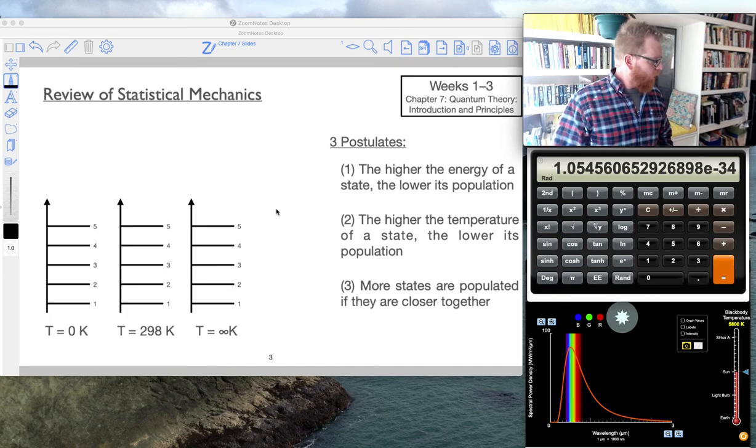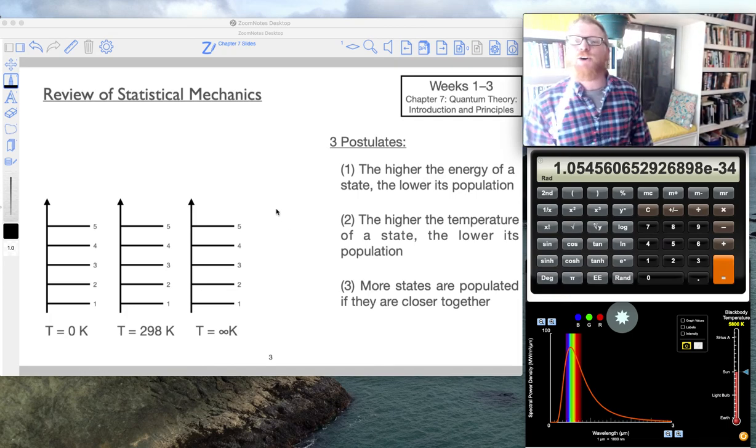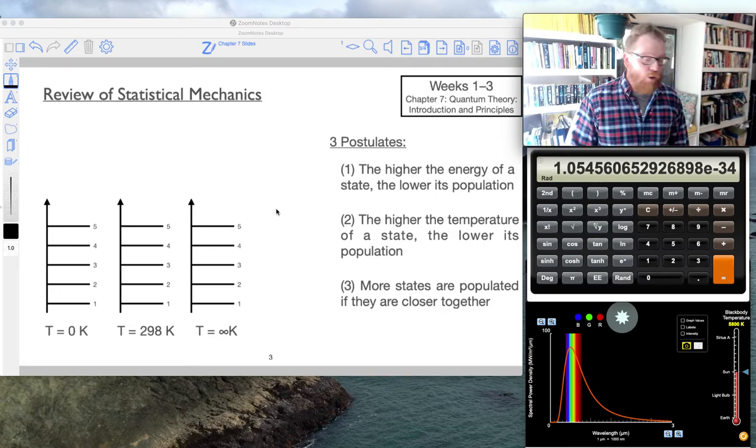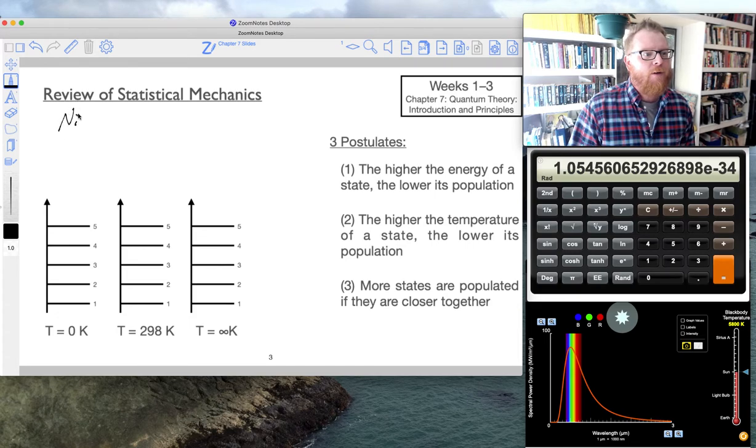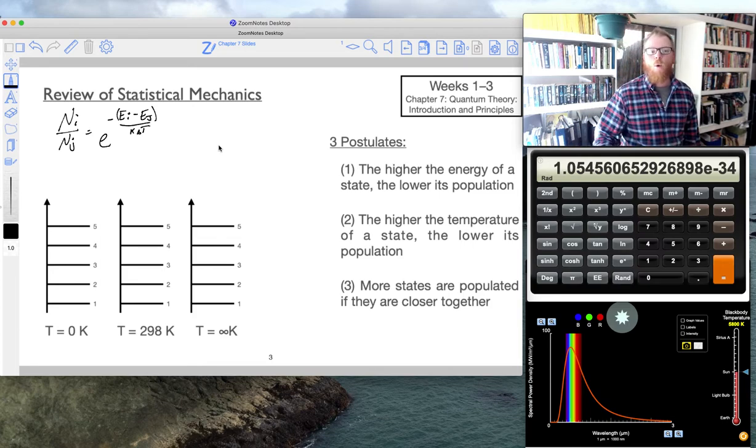Continuing along in our review of statistical mechanics, recall the Boltzmann distribution, which says the number of particles in state i divided by the number of particles in state j equals e raised to the power negative (E_i minus E_j), the difference in those energy levels, all divided by k_Boltzmann T, and the whole quantity is negative.